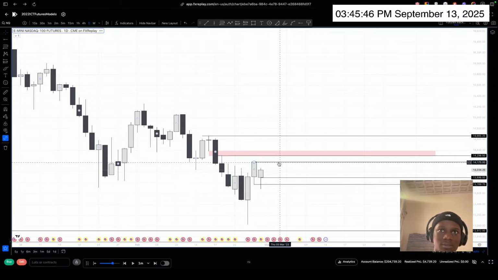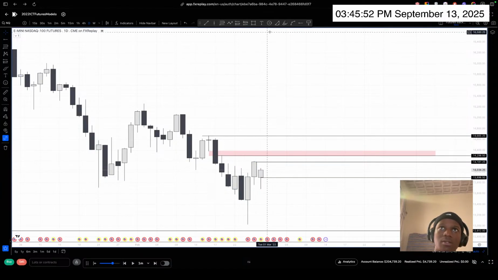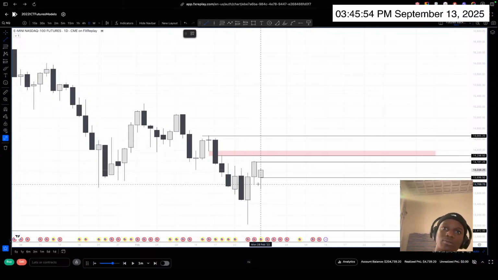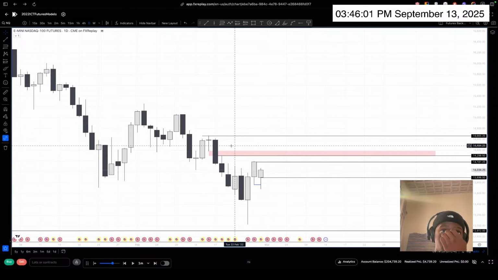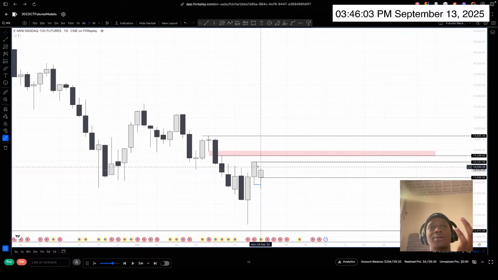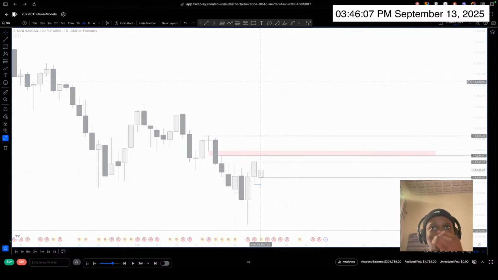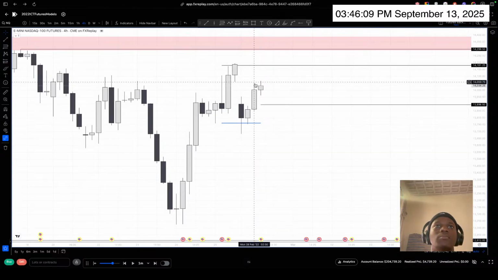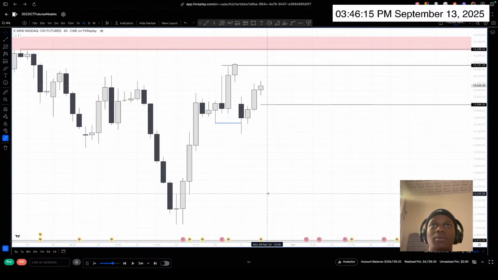Looking for continuation to this high and this one, even though we are in a new week open gap. So we put in a sweep as we're in this very early gap.